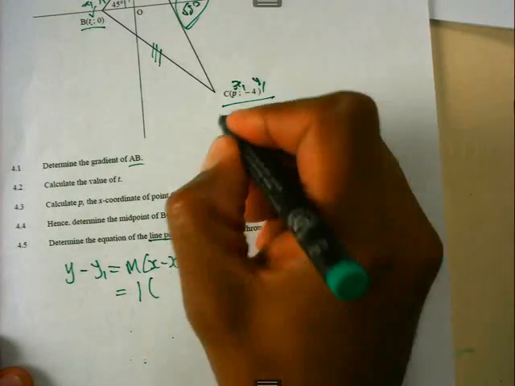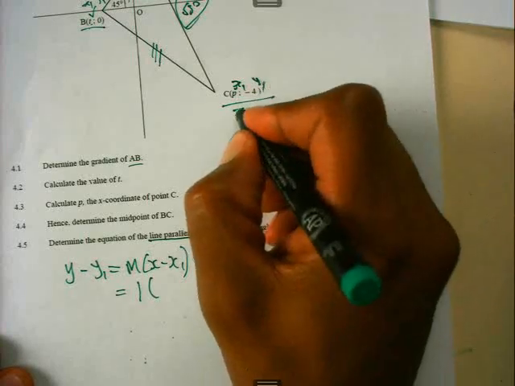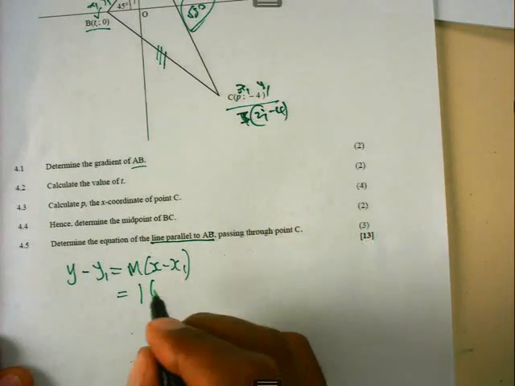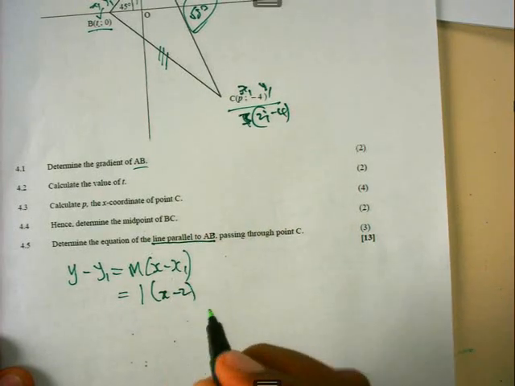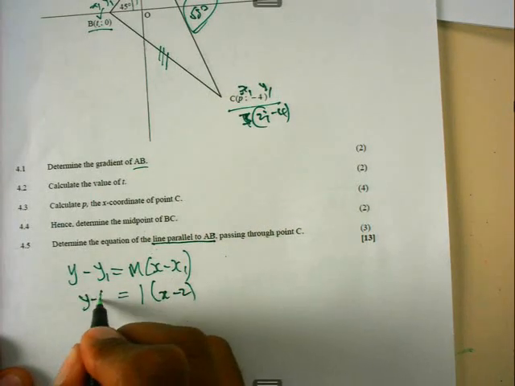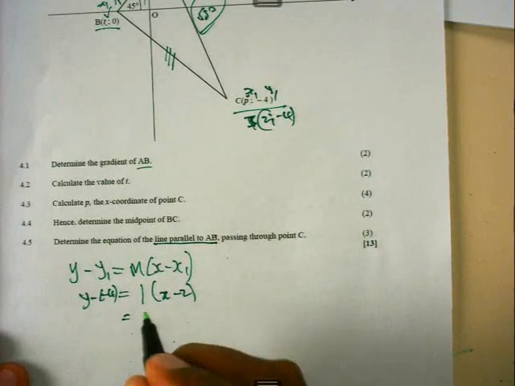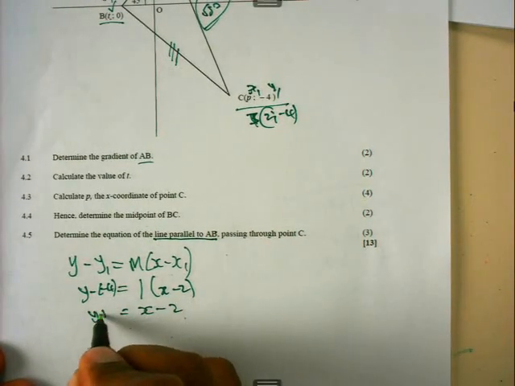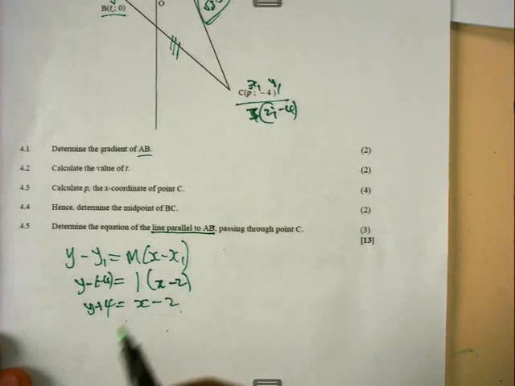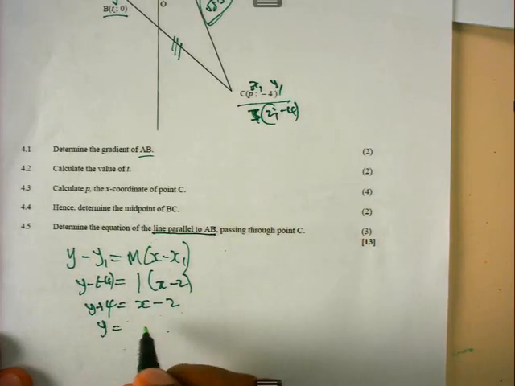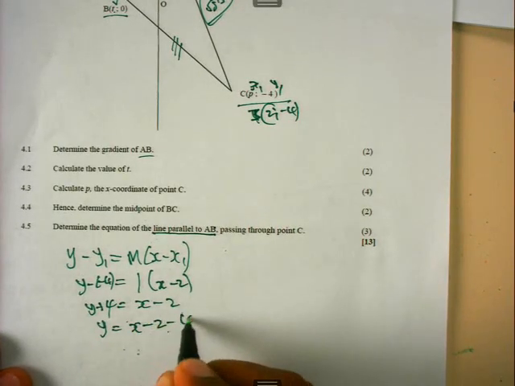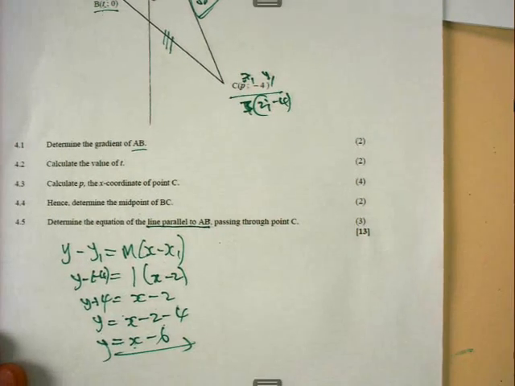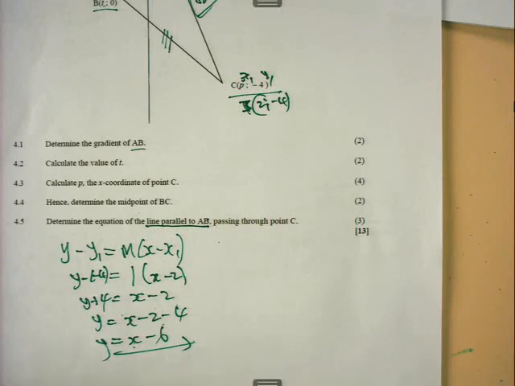Point C is positive 2 as well as minus 4, right? Now x there is minus 2 and y there is minus 4. Therefore, we have y plus 4 equal to x minus 2. Now we take 4 on the other side. y is equal to x minus 2 minus 4, which is x minus 6. Right? Then that is your answer.